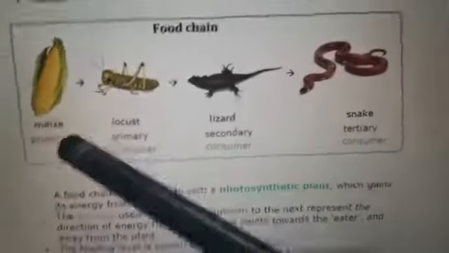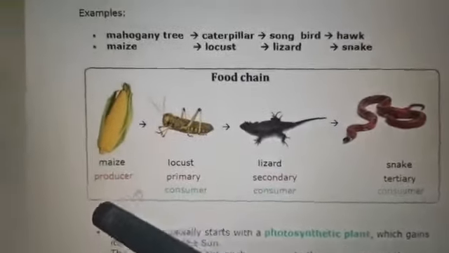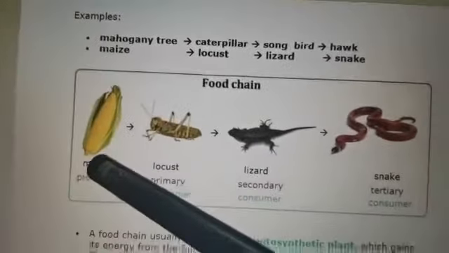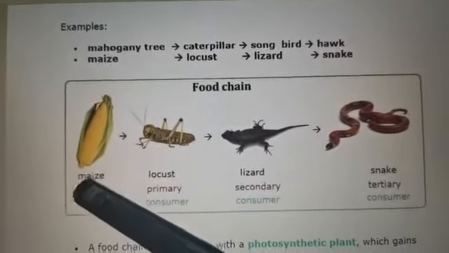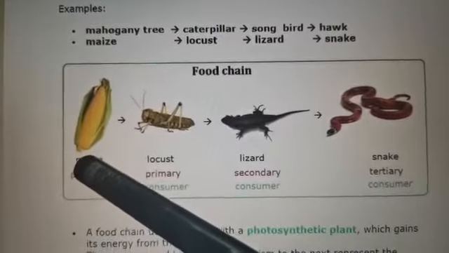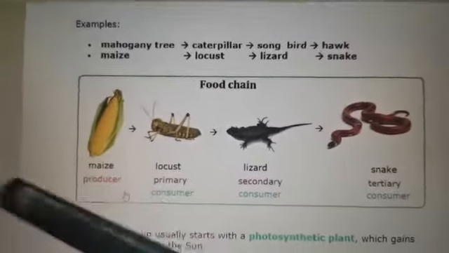Can we produce our own food in our body? Never. So we are not producers. Only the plants are producers because they can produce their own food by using sunlight in the process of photosynthesis, right? You already learned this one.